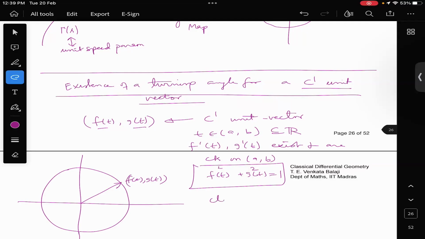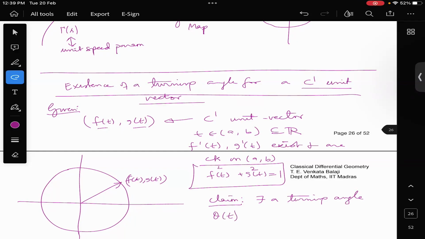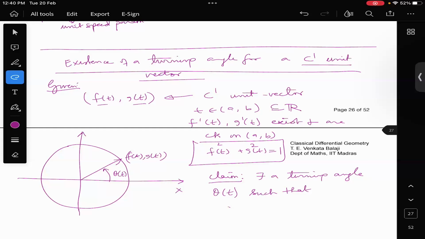So the claim is that there exists a turning angle theta(t), measured from the positive x direction, such that f(t) is cos theta(t) and g(t) is sin theta(t), okay.